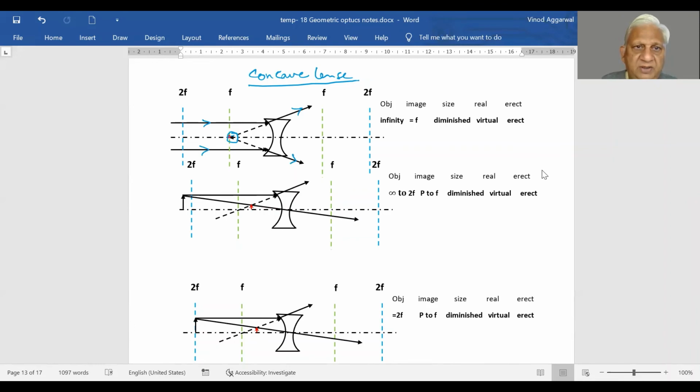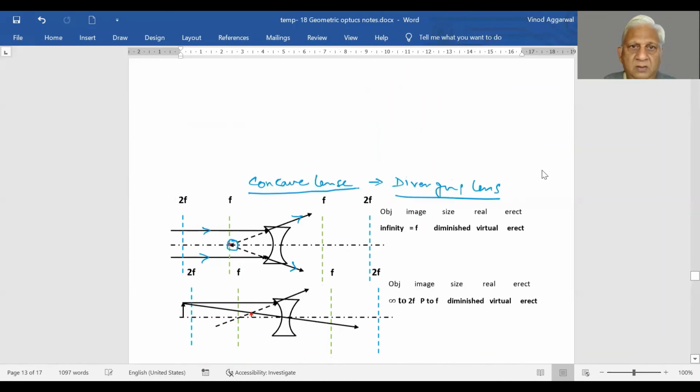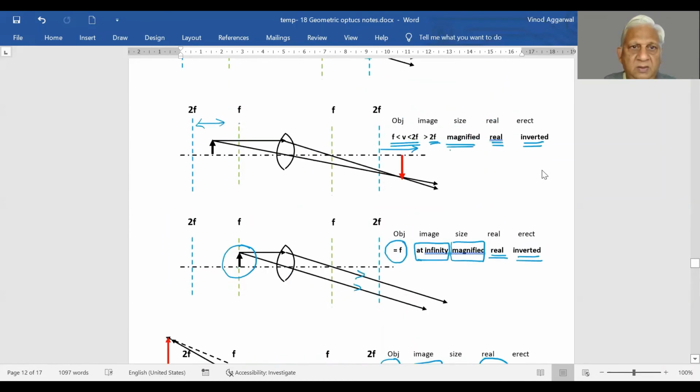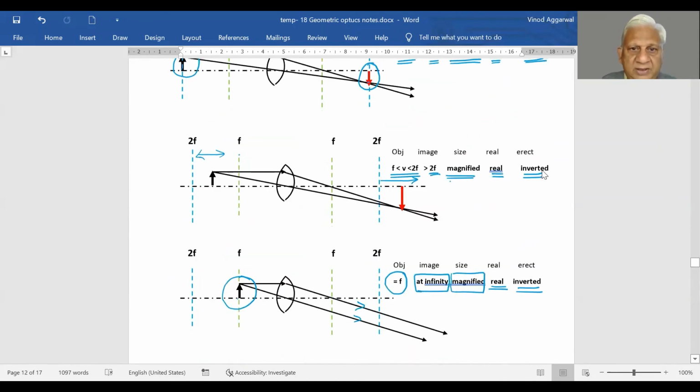Since the rays are diverging, this is also called a diverging lens. In the previous case, we saw that the rays were converging, so this convex lens is also called a converging lens.